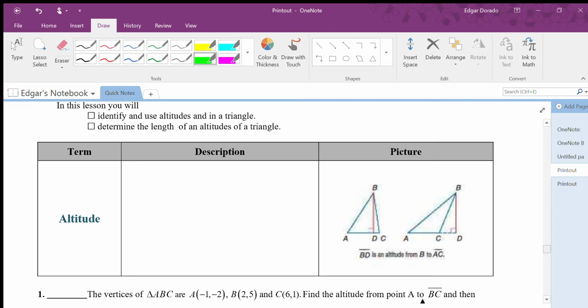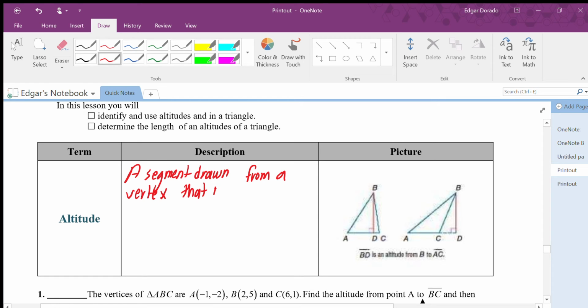All right. So let's go ahead and define what an altitude is. An altitude is a segment drawn from a vertex that is perpendicular to the opposite side.